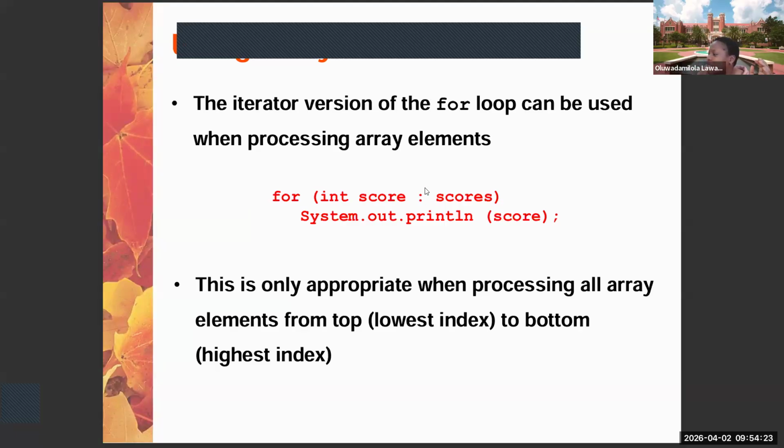And it is directly followed by what? By a colon. Don't forget, very important with the syntax. And we have the array name itself. So what does this print? It prints all the elements that we have in our array.